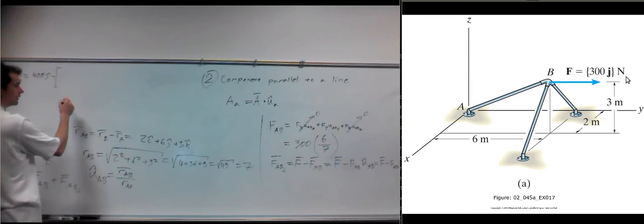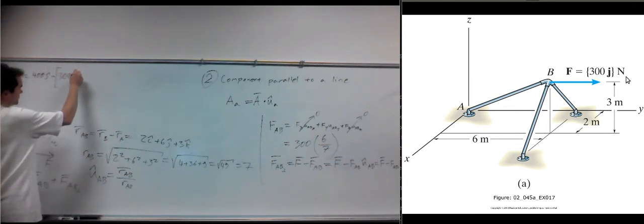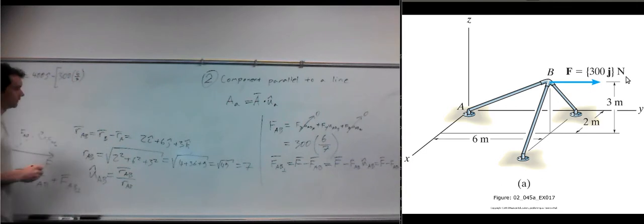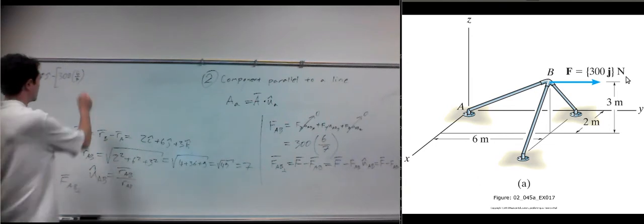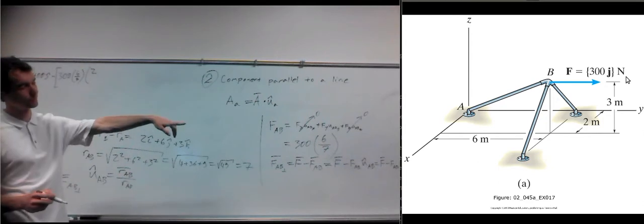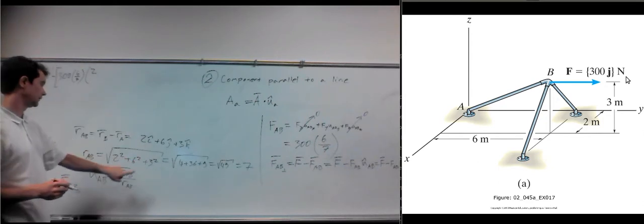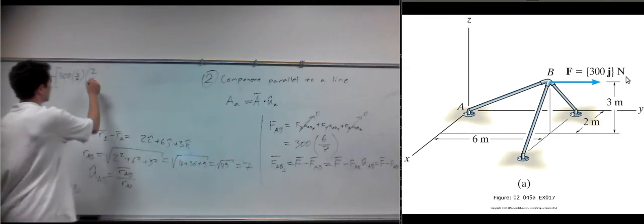So we have the magnitude FAB, which is 300 times 6/7, and then we want the I, J, and K components of the direction vector, UAB. So we have times 2, which is the X component of the position vector from A to B, and then we divide that by the distance from A to B, which is 7.